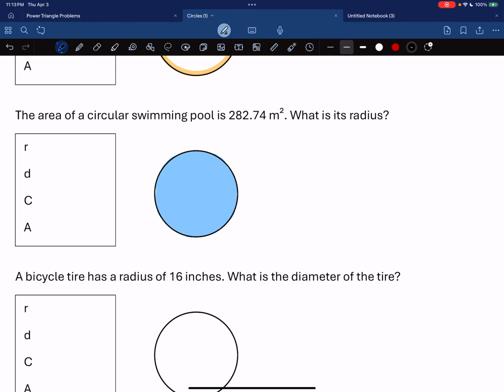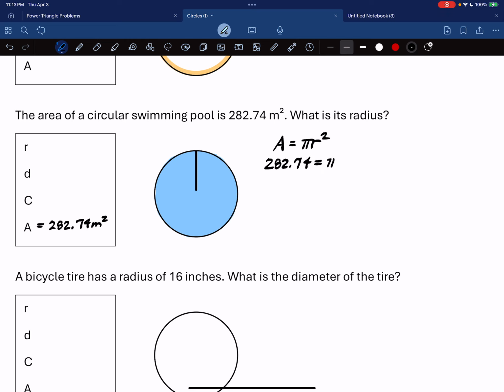The area of a circular swimming pool is 282.74 square meters. What is its radius? The formula is the area formula, or pi r squared. We are given area.